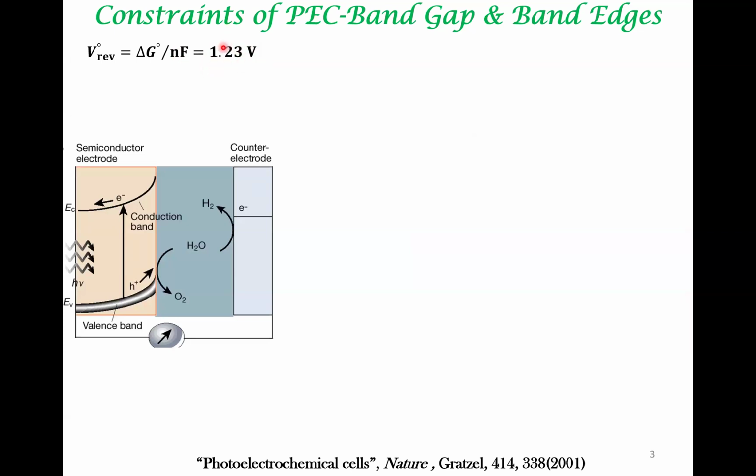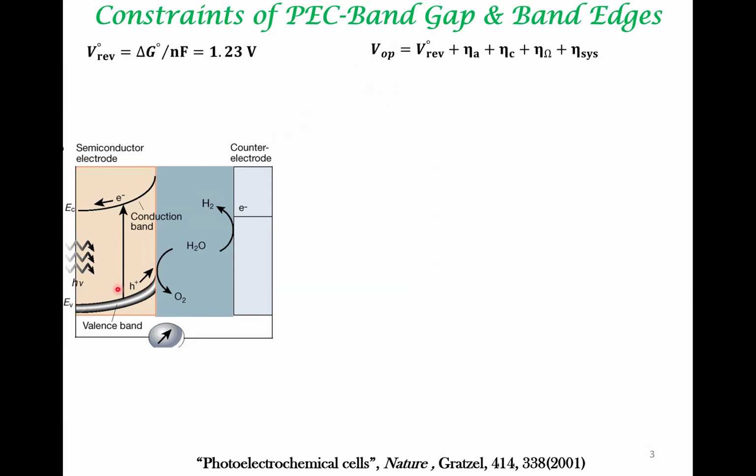In addition to this minimum thermodynamically computed bias, there are other overpotentials: anodic overpotential, cathodic overpotential, ohmic overpotential, and other system-oriented losses. All these things, when added together, mean the minimal potential that you need is about 1.6 volts. That's what is seen in an electrolyzer. If you want to get appreciable current in a water electrolyzer, you need to have 1.6 volts.